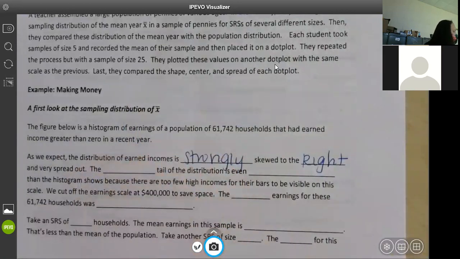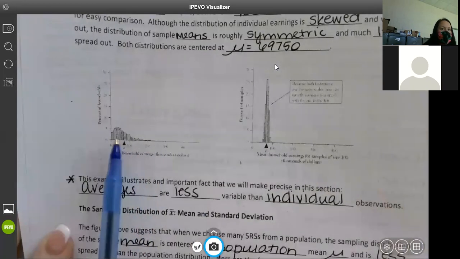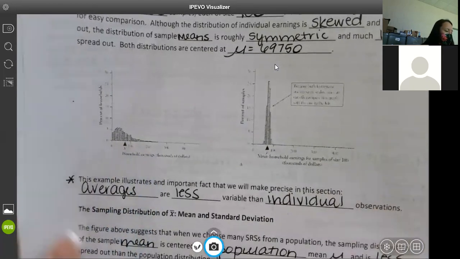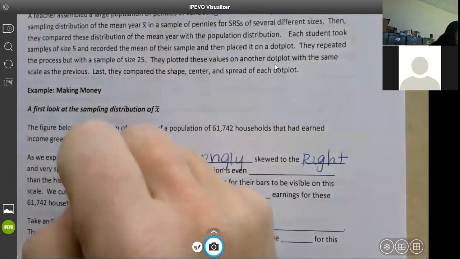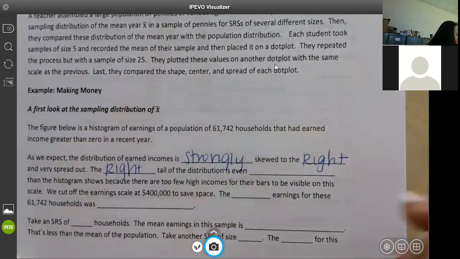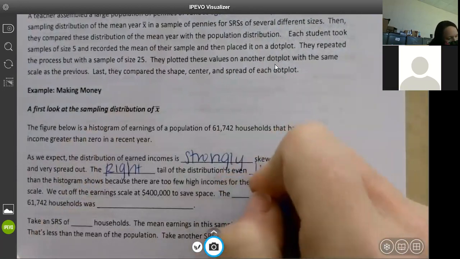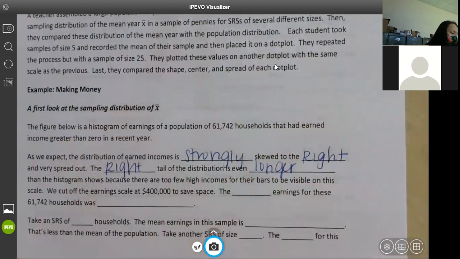So let me see if I can show you guys this one. So it's on the next page, but it's this right here. So just looking at it really quick. The right tail of the distribution is even longer than the histogram shows because there are too few high incomes for their bars to be visible on this scale.